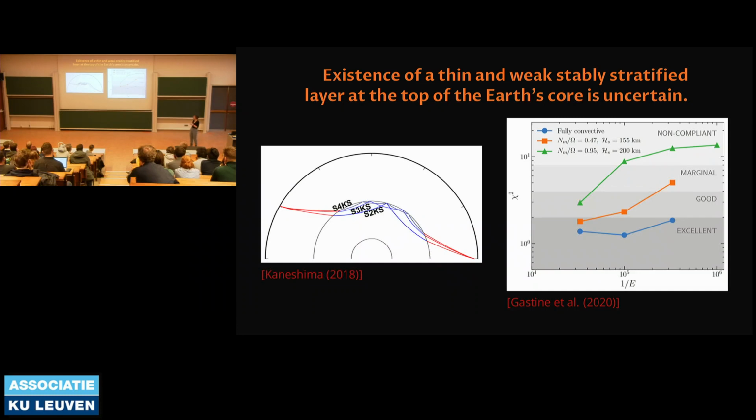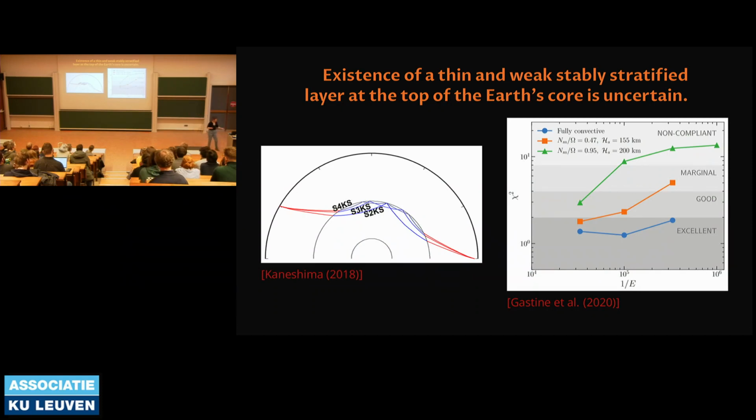And on the left, there's actually a counter argument. This is from dynamo simulations, and on the y-axis is the chi-square parameter, which somehow says how close the dynamo is to the actual magnetic field observation. In that case, they conclude that it's only close when you don't have a stratified layer.